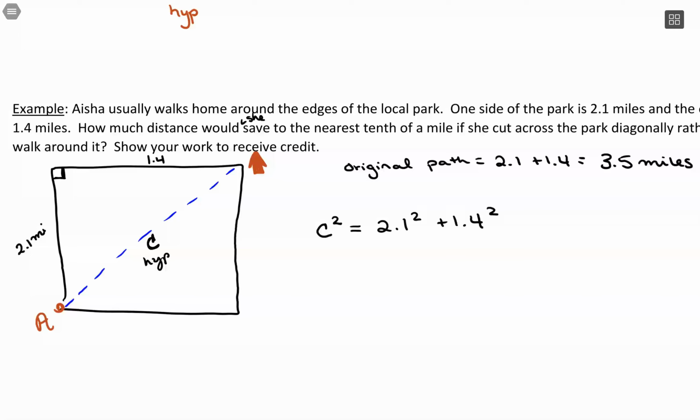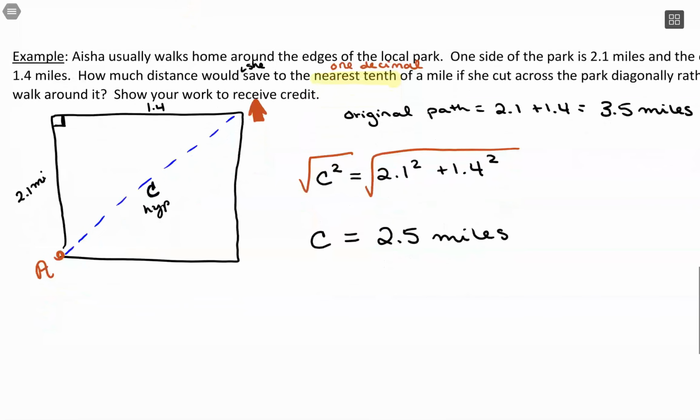And solving, we just need to take the square root of both sides. So we're going to take the square root, plug all that into the calculator, and they did specify a rounding rule here, nearest tenth of a mile. So that's 1 decimal place. So it's going to be a little different than what we've been doing previously in this video, but rounding rules are the same. So it should round to 2.5 miles.